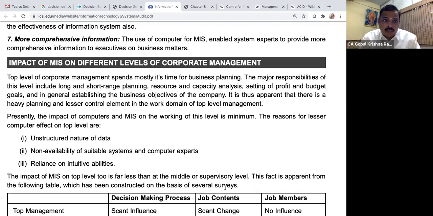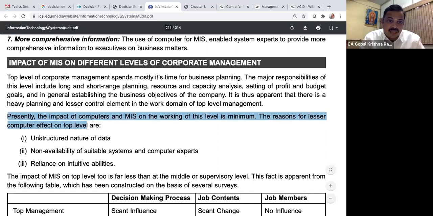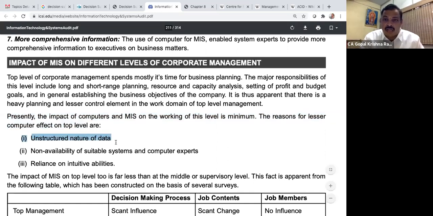The major responsibility includes long and short range planning, resource and capacity analysis, setting of profit and budget goals. Presently, the impact of computers and MIS on working at this level is minimum. The reasons for lesser computer effect are unstructured nature of data, non-availability of suitable systems and computer experts, reliance on intuitive capabilities.